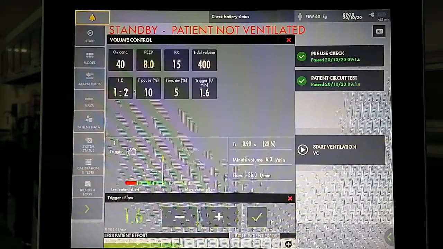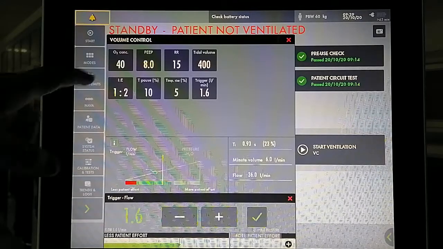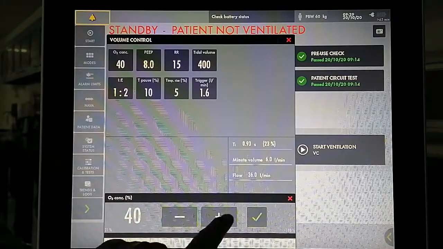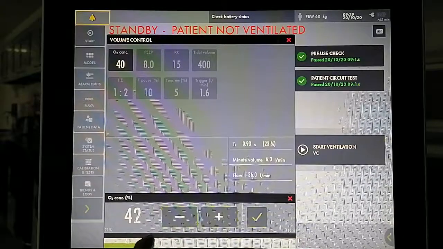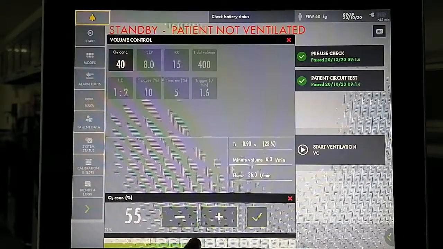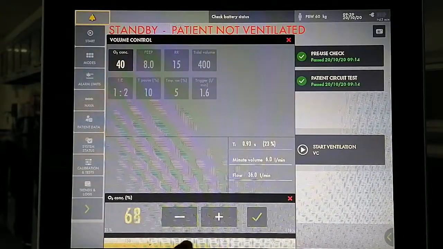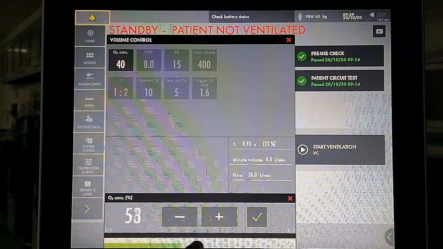It may be different from other mechanical ventilators. Let's say we select 40 FiO2; we then increase or decrease using the plus or minus sign, or you just run through it with your fingers.